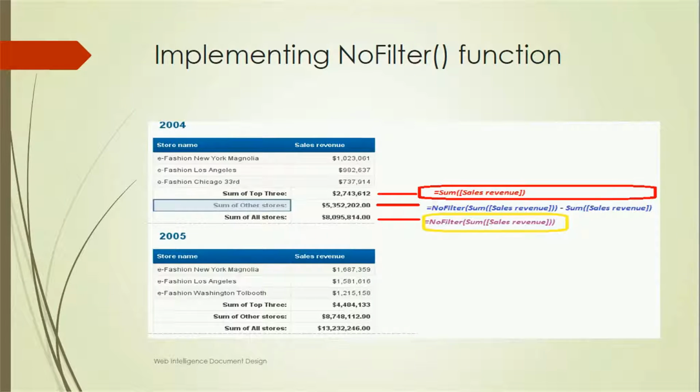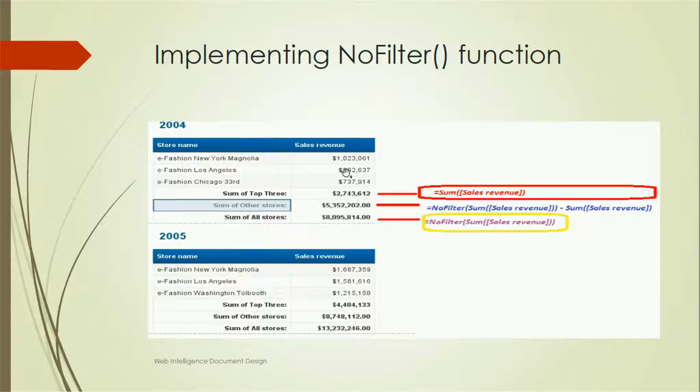We'll see an example. This is an example with a section on year, with the store name and sales revenue. It has been ranked for the top 3 store names by revenue. The first 3 rows are the top 3, so whenever we sum, we get the sum for these 3 only.